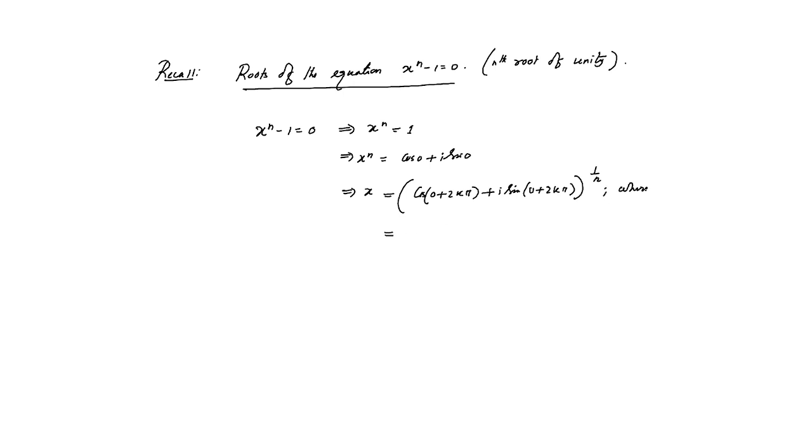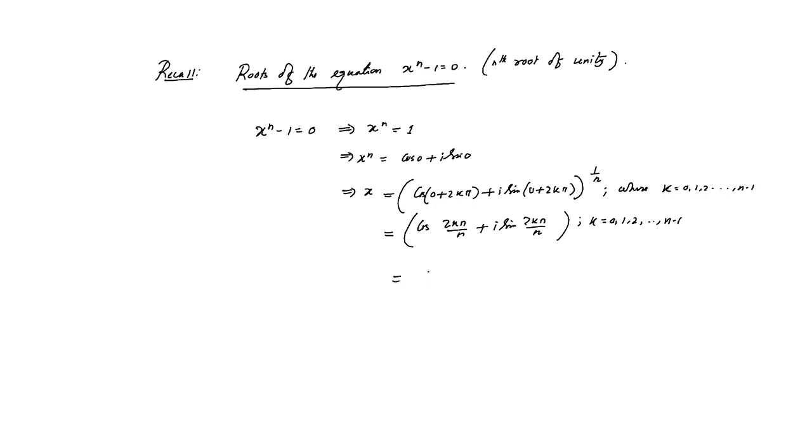We need the n distinct nth roots, so k equals 0, 1, up to n minus 1. So we can write cos(2kπ/n) plus i sin(2kπ/n), where k equals 0, 1, up to n minus 1. Here we apply De Moivre's theorem and we will find the roots.